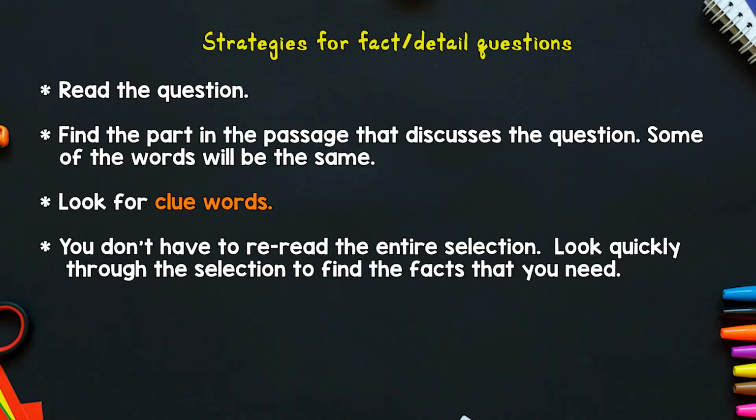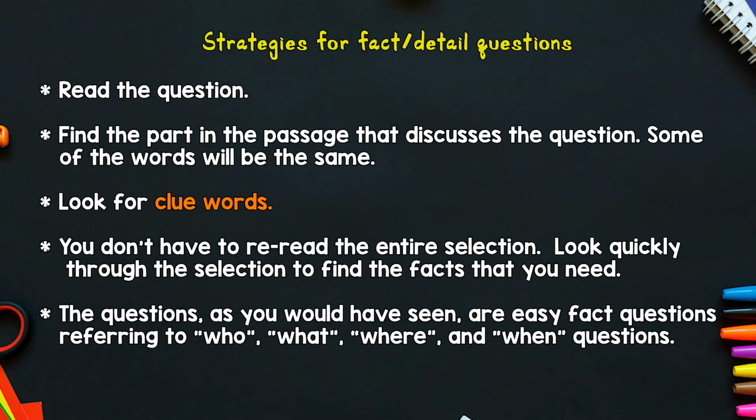You don't have to always reread the entire selection or the entire text. Look quickly through the text to find the facts that you need. Now, the questions, as you would have seen based on the passage we looked at just now, were based on who, what, where, and when. Those are very easy fact questions.